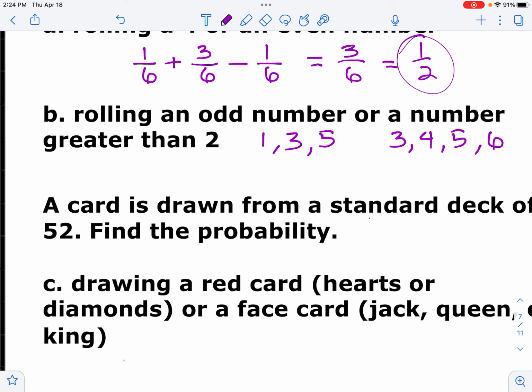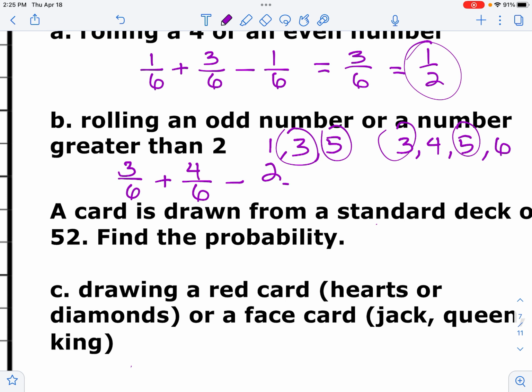So that's why, again, this is inclusive. The probability of getting an odd number is 3 out of 6. The probability of getting a number greater than 2 is 4 out of 6. And then we want to take away the overlaps, 3 and 5. So there are 2 of them that overlap. I want to take away 2 out of 6, which gives me 5/6.